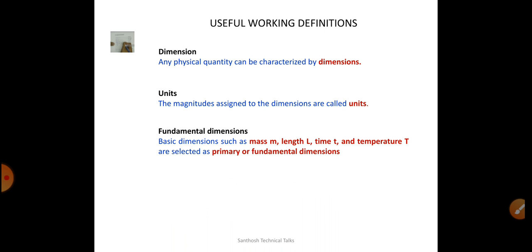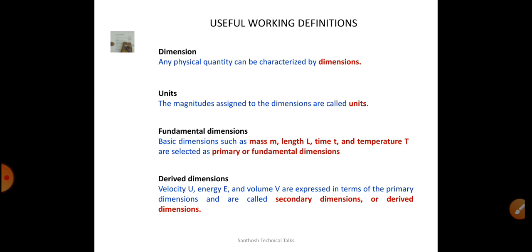Therefore, the basic dimensions such as mass, length, time, and temperature are selected as primary or fundamental dimensions. So these dimensions are fundamental for all. Here the secondary dimensions, or derived dimensions, are nothing but a combination of the fundamental dimensions.